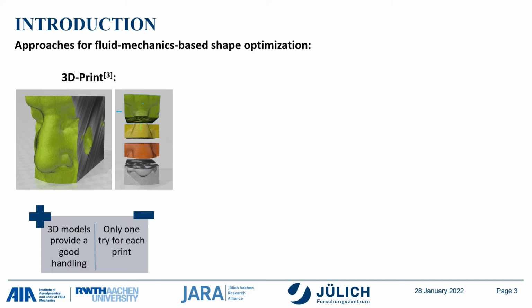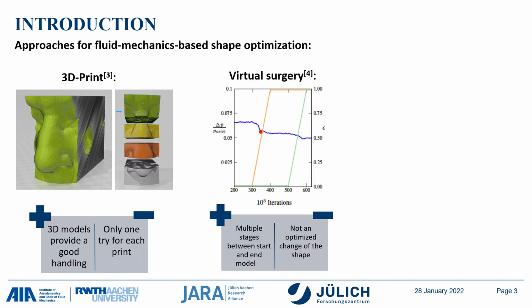There are three different approaches to solve this problem. The first one is the use of a 3D printed nose. This is an experimental technique where sections of a 3D printed nose are assembled and flow through these nasal cavities is analyzed. The main downside of this approach is that the 3D printed model can only be used once. The next approach is to perform virtual surgery.